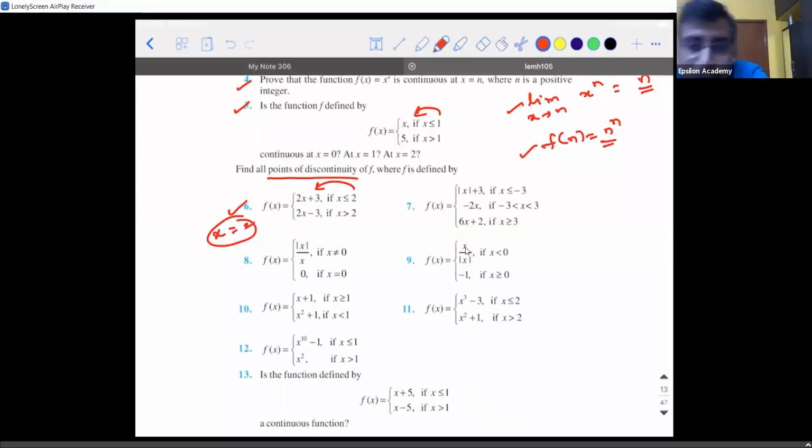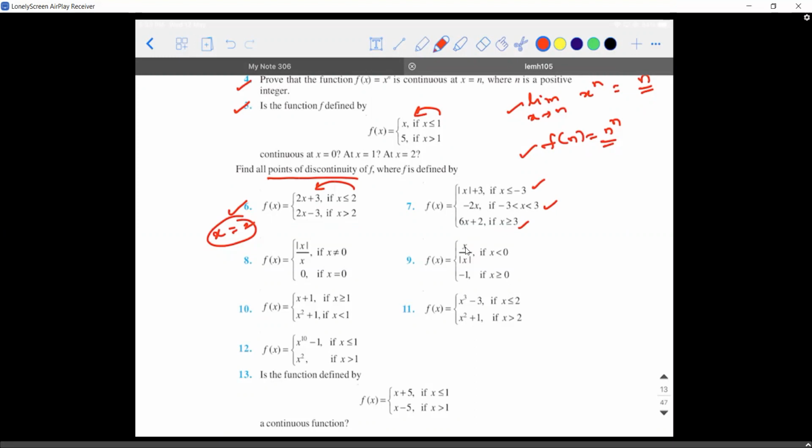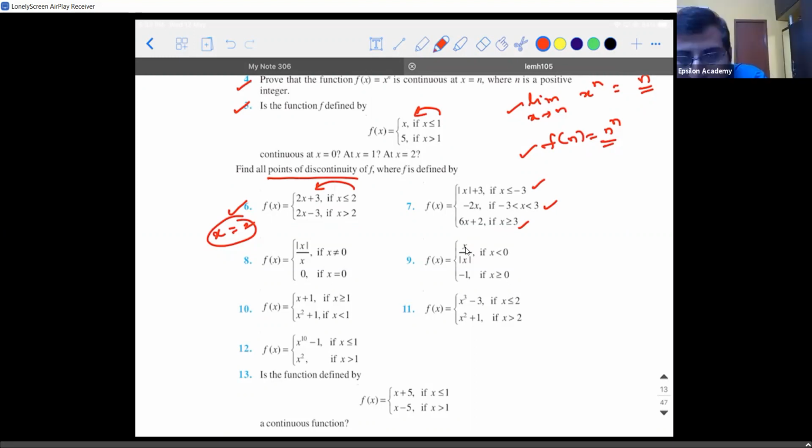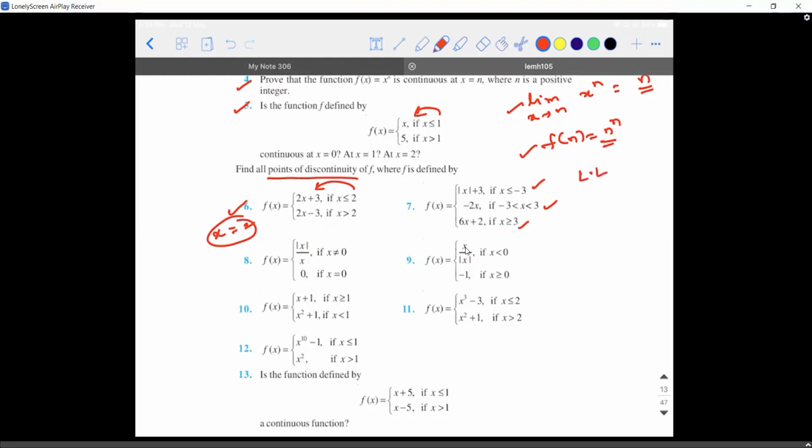Similarly, f of x is equal to mod x plus 3 when x is less than or equal to minus 3. So what are all the points where it is broken? It is broken at minus 3 and it is broken at 3. So at minus 3, what is the answer? Left limit at minus 3 is 6.